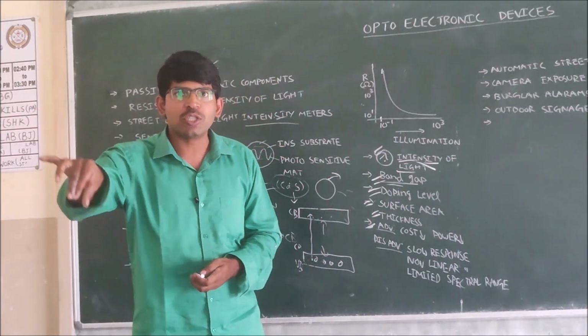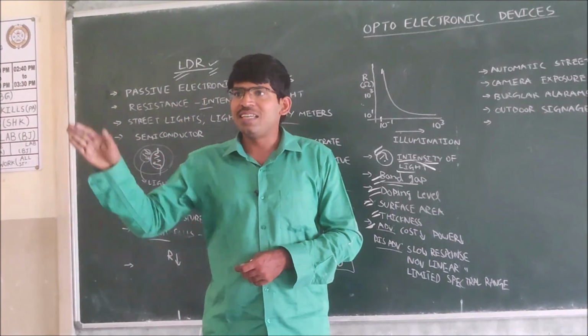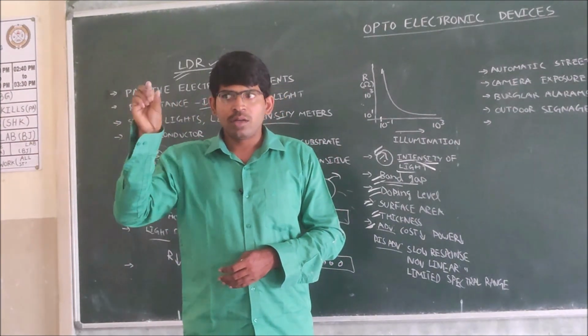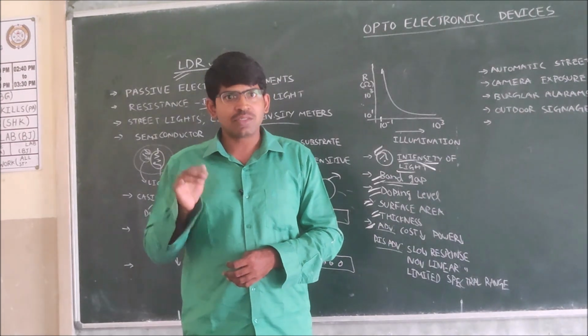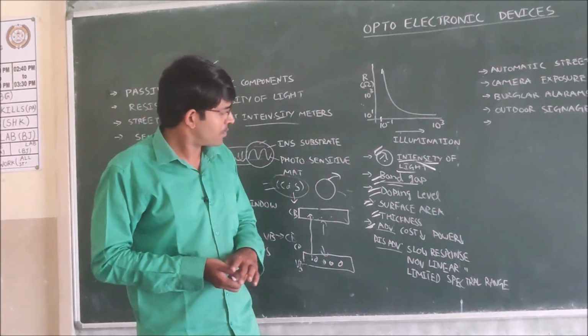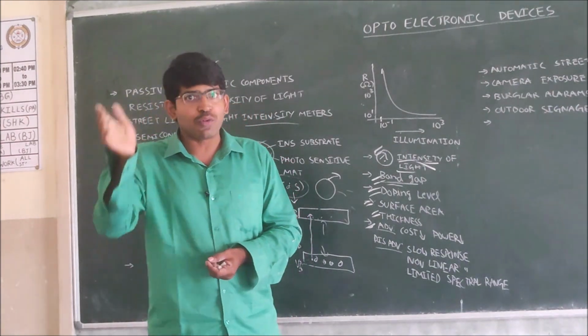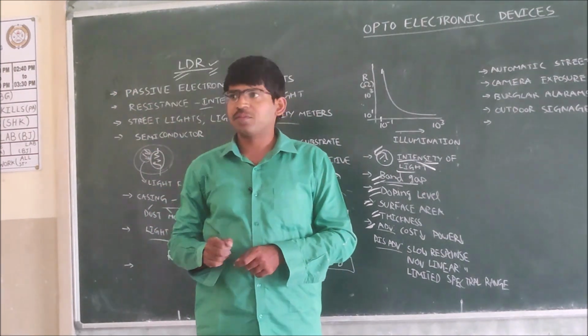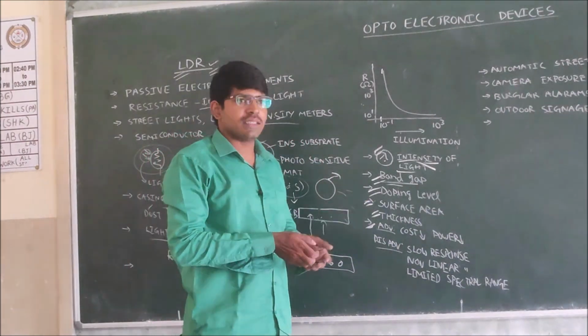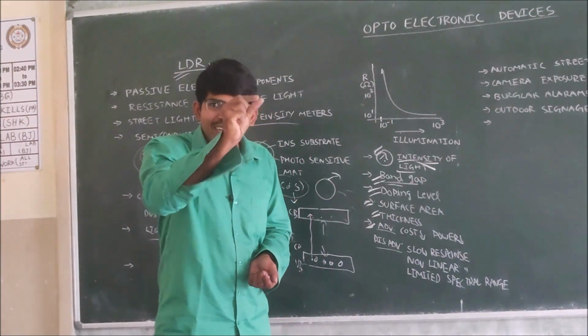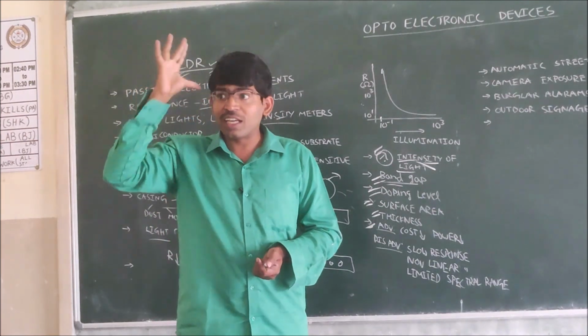If it is a heavily doped semiconductor, the resistance decreases easily. If it is lightly doped, the resistance will not decrease easily. Surface area, whether you have taken a tiny LDR or a big LDR. Thickness, a thin LDR or a very thick LDR.